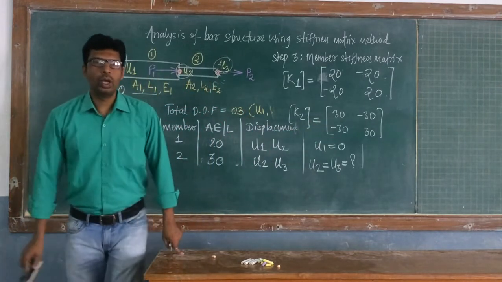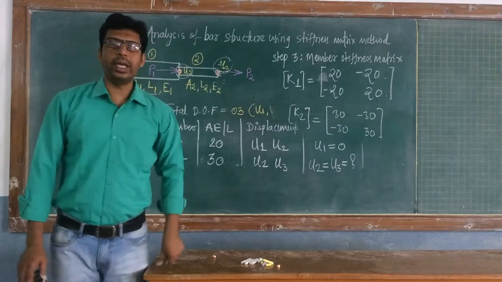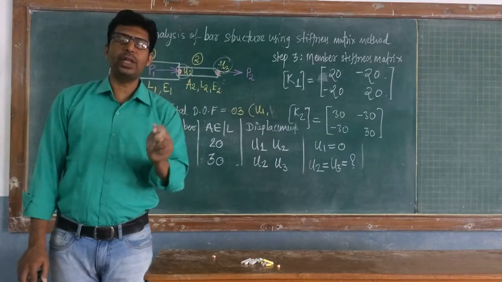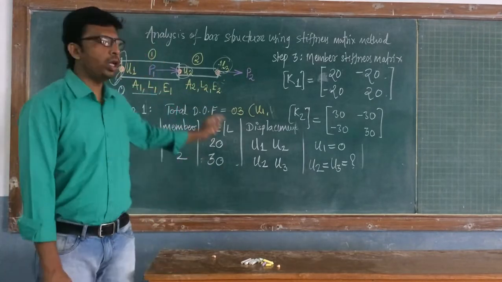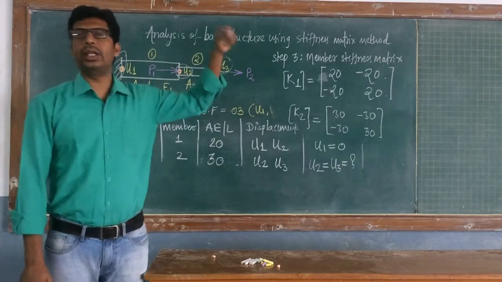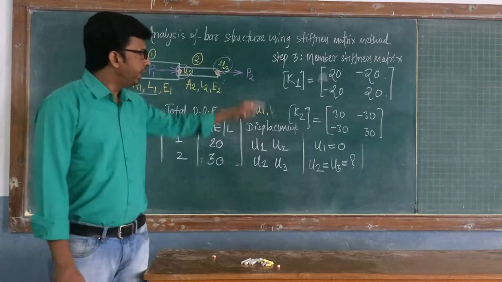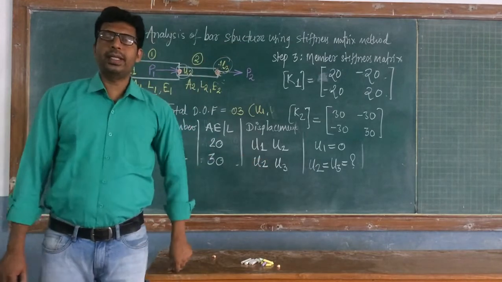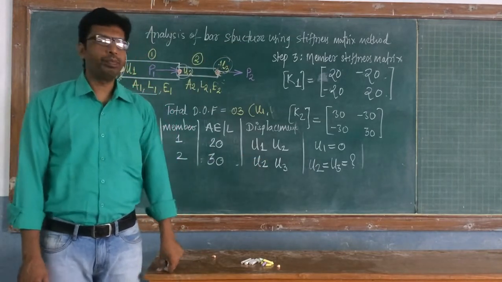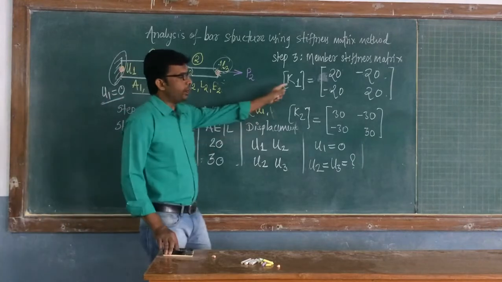This will be the stiffness matrix of member 2. So like this in step number 3, find out the member stiffness matrices. Depending on the number of members, K1, K2, K3, K4, whatever number of members are connected in the bar assembly, those stiffness matrices you have to calculate.